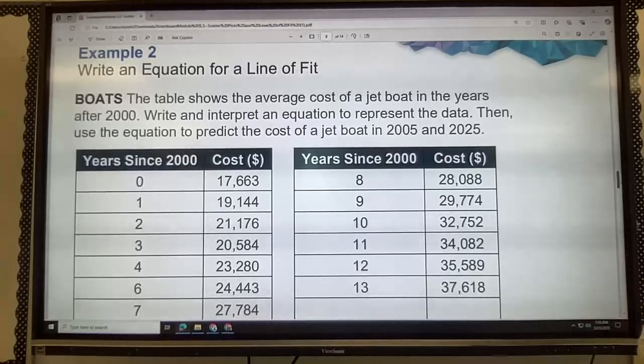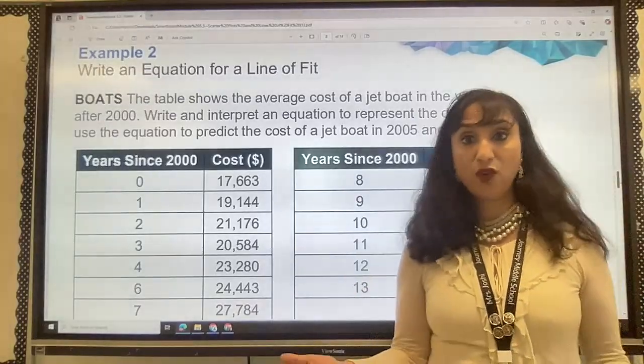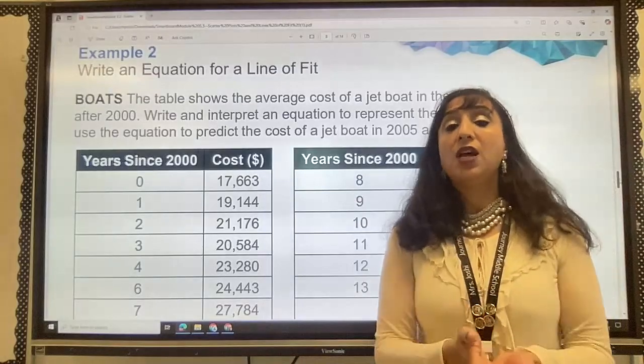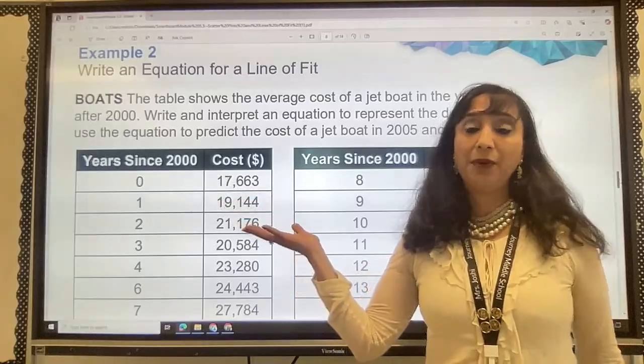Now, I want to talk to you really quick about linear extrapolation and linear interpolation. So, linear extrapolation is the use of a linear equation to predict values that are outside the range of data. So we're predicting values for those which are outside the range of data, and that is extrapolation.